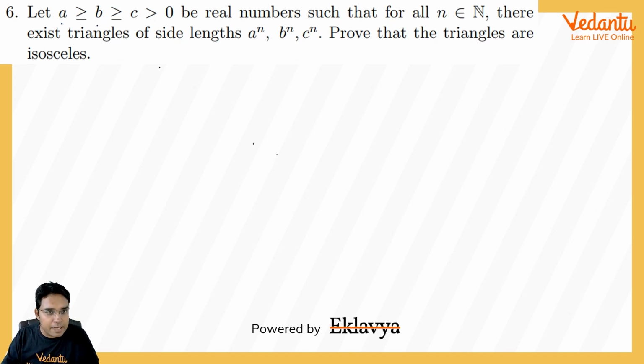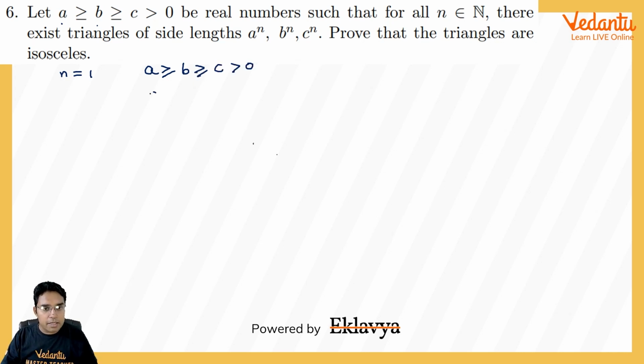Now please understand, because they are saying there exists a triangle of side lengths A, B and C for all n, so for n equal to 1 also, we should have a triangle, and we are given A greater than or equal to B greater than or equal to C greater than 0.